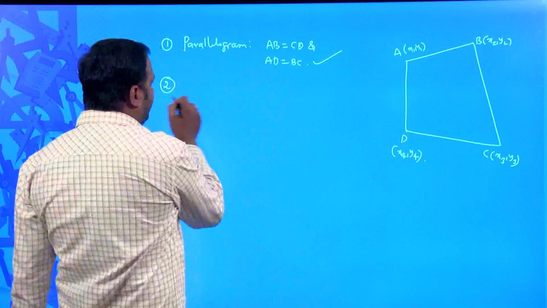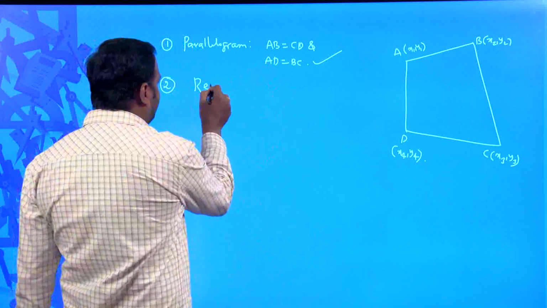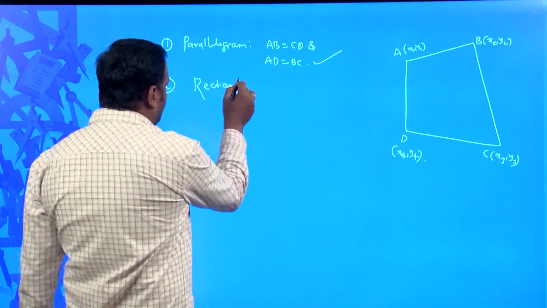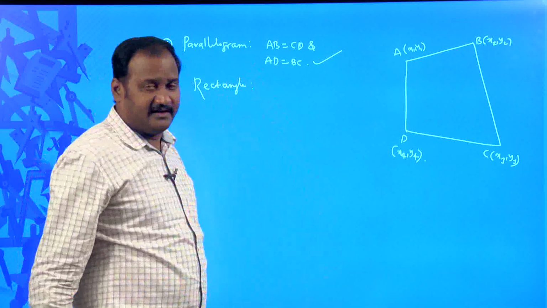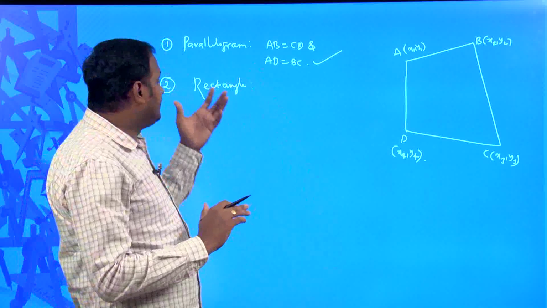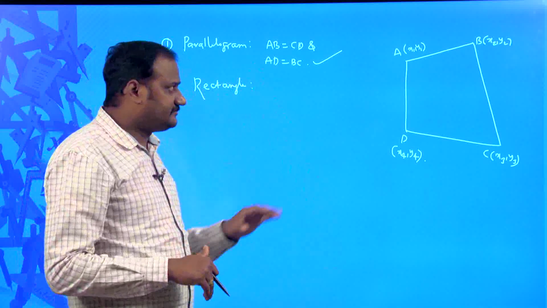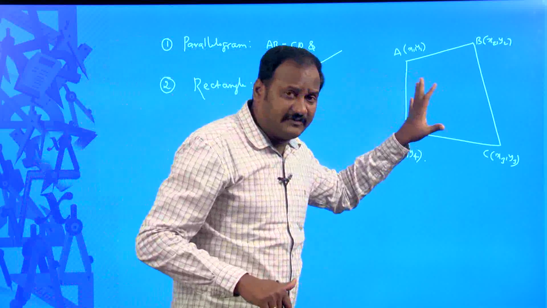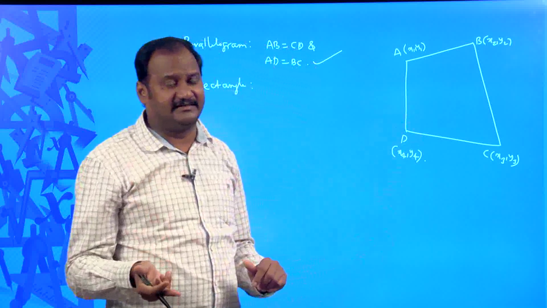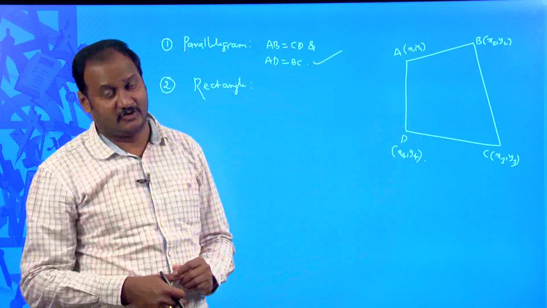Coming to the second one, how can you prove that they are the vertices of a rectangle? Again, what are the properties of a rectangle? According to the definition of a rectangle, if one angle of a parallelogram is a right angle, then it is said to be a rectangle. Hope you understand.